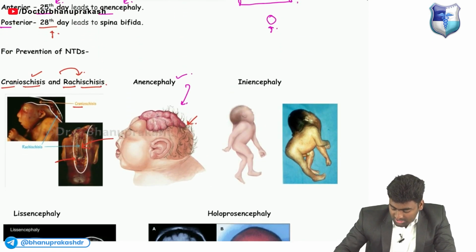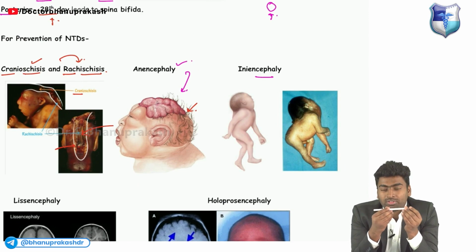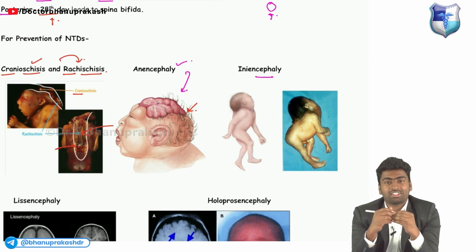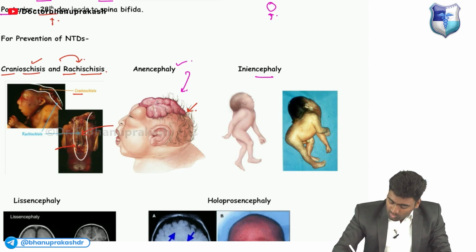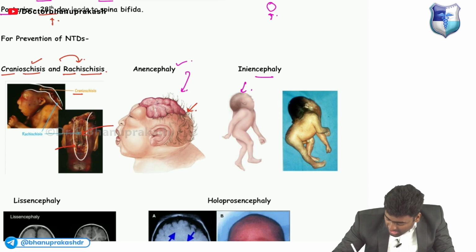Next, one more condition, which is more interesting. If there is an anterior neuropore defect and a posterior neuropore defect, what will happen? But in some conditions, the anterior neuropore closes well and the posterior neuropore also closes well, whereas there is absence of neck. So remember, if there is absence of neck, remember this INN for absence of neck.